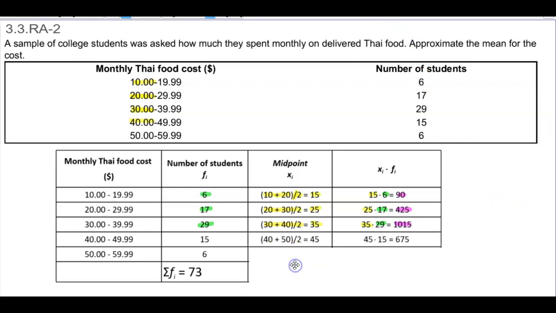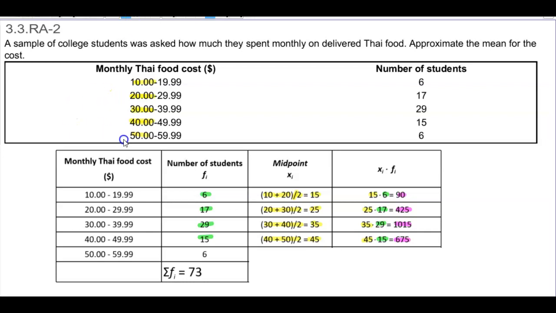Next, the midpoint of 40 and 50: 40 plus 50 divided by 2 gives us 45. We multiply 45 by the frequency of 15, which gives us 675.